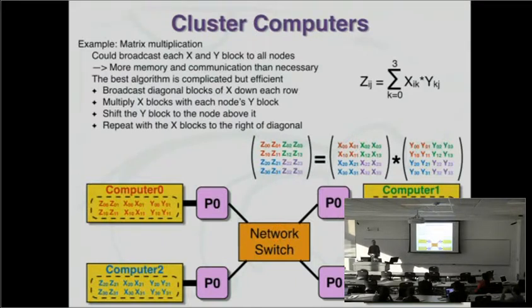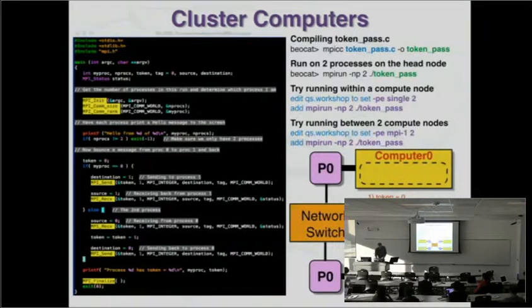Again, I'm not trying to teach you how to program. I just want you to understand a little bit about the complexity. So I also want to show you some of the actual commands that do the message passing.